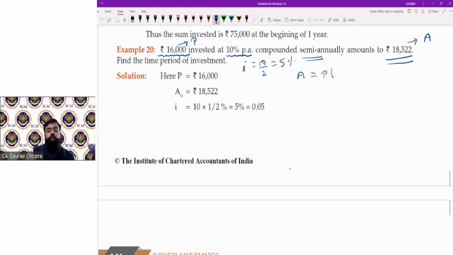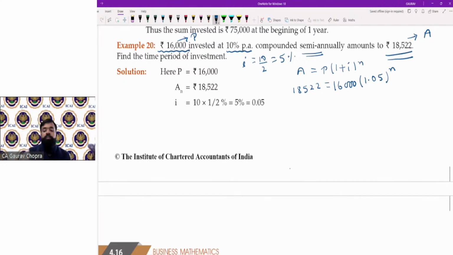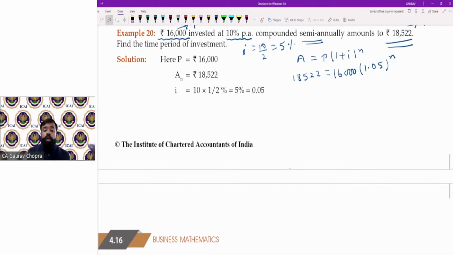Amount equals principal times 1 plus i whole to the power of n. Now in place of amount, we write 18,522 equals 16,000 times 1.05 to the power of n. There is no option for n till now, so we put n only. Now, what is the next step? Divide 18,522 by 16,000.